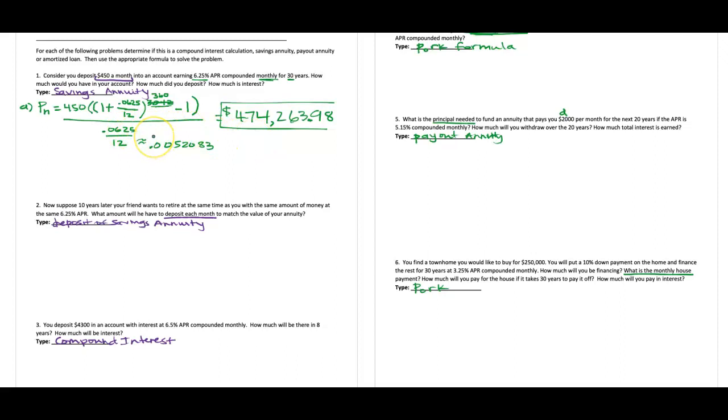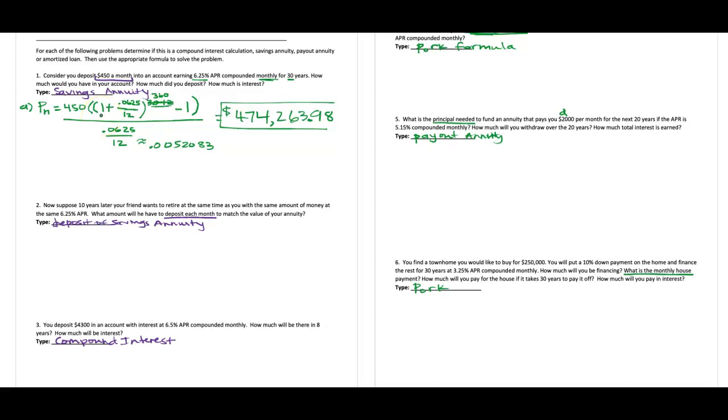Okay, because some other people are doing it too. Tell me what you're putting into your calculator then. You do the 0.0625 divided by 12, and then hit enter. That's that number at the bottom. Then add 1 to that, and then to the power of 360.